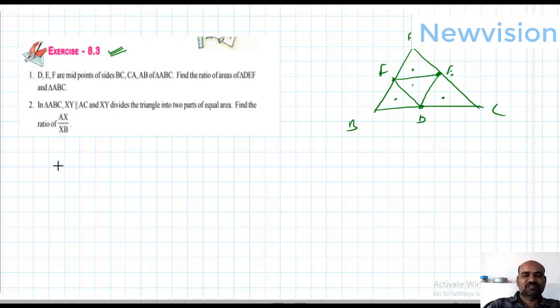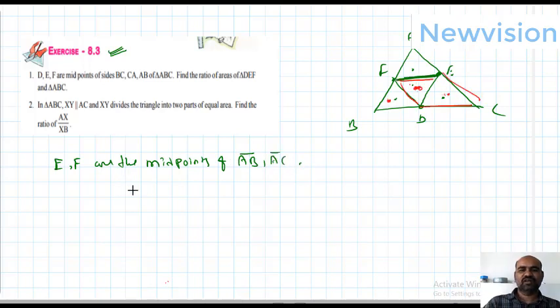So I will write, E comma F are the midpoints of AB comma AC. What happened? FE parallel to BC.